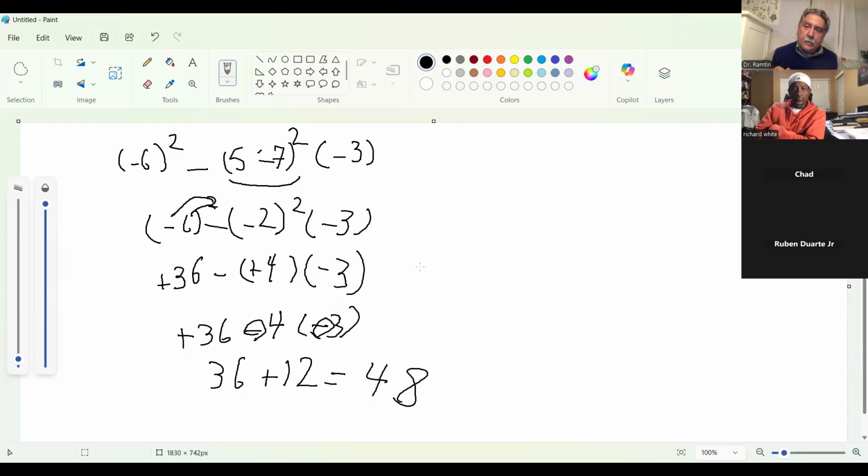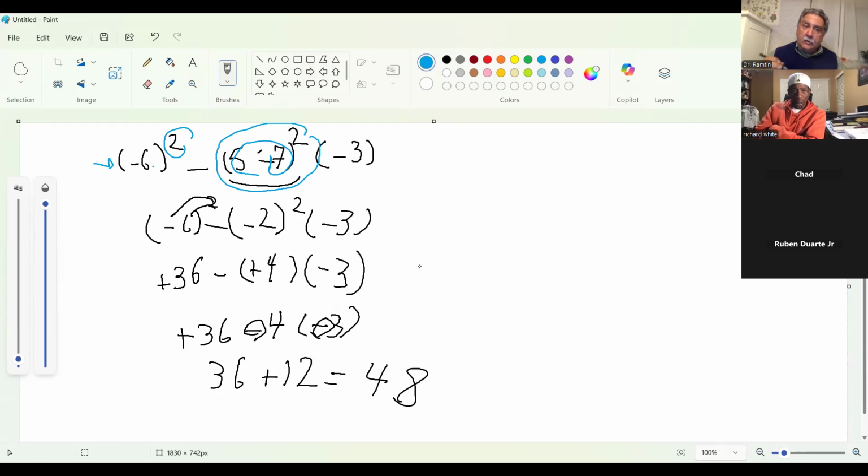Okay. So we start. Let me use maybe another color. We start with parentheses. We take care of inside the parentheses. We get minus 2. Then we go from left to right, and we take care of the exponent.